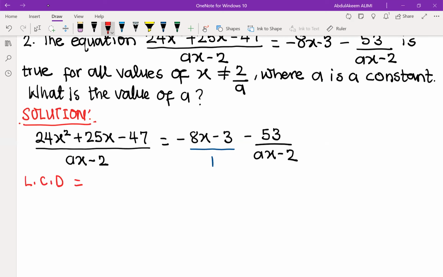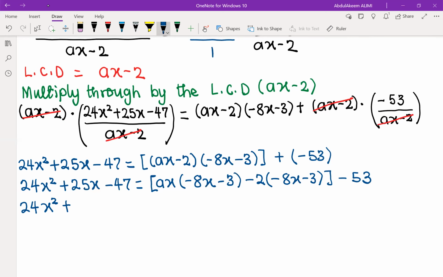So if I solve further, I'll be having 24x squared plus 25x minus 47 equals, if I open this, minus 8ax squared minus 3ax plus 16x plus 6 minus 53.